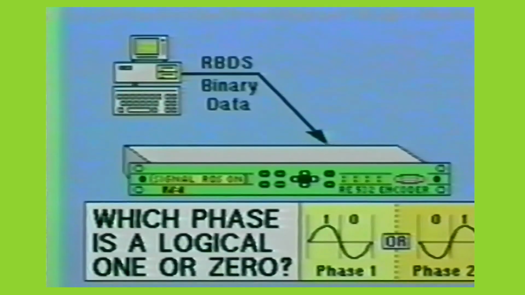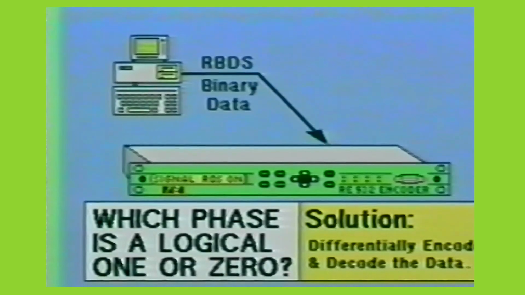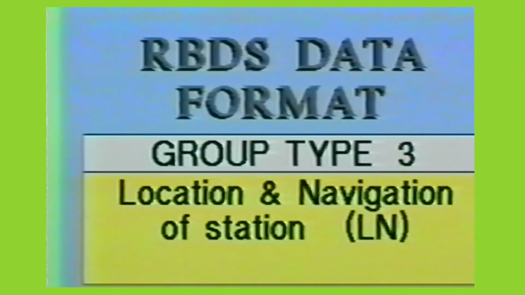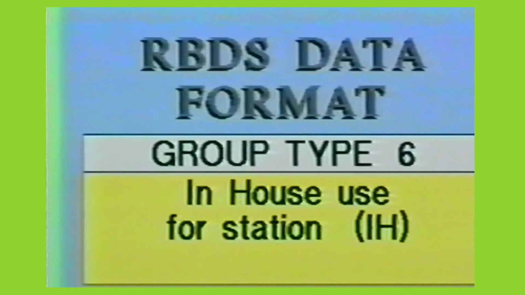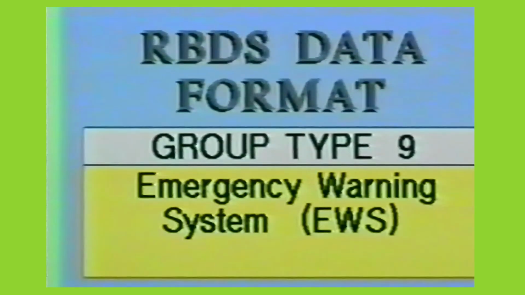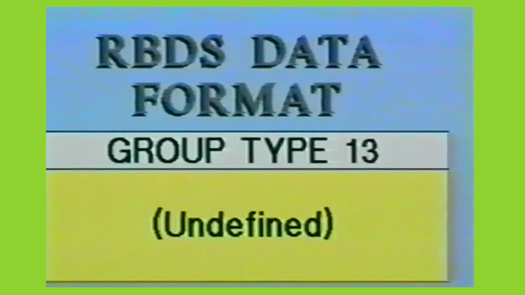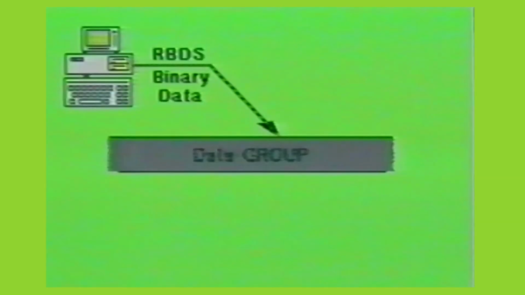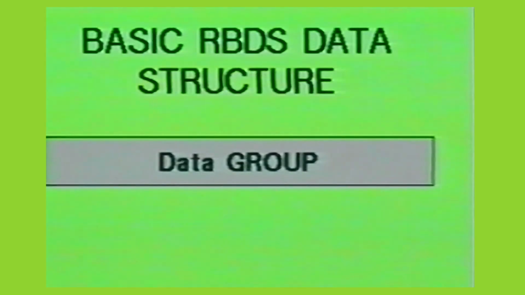However, this drawback has been overcome by differentially encoding and decoding the data. The various data formats which are incorporated in RBDS are beyond the scope of our discussion and will not be covered in this video. However, we will start off by examining the basic data structure of RBDS.